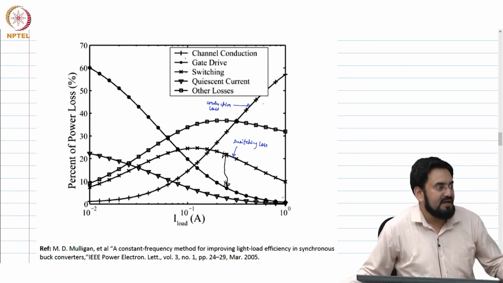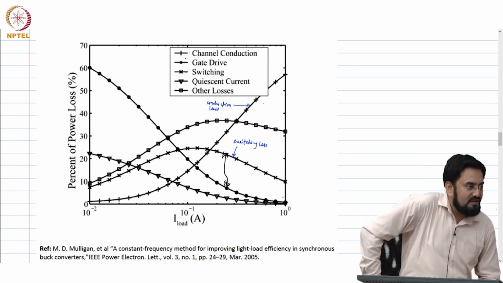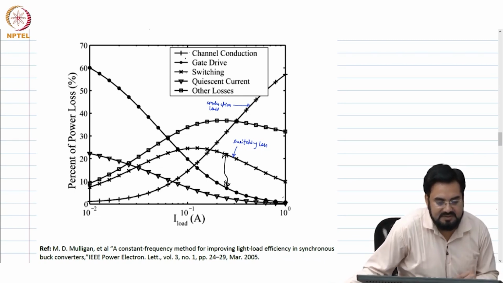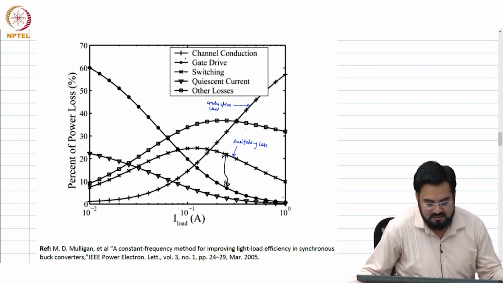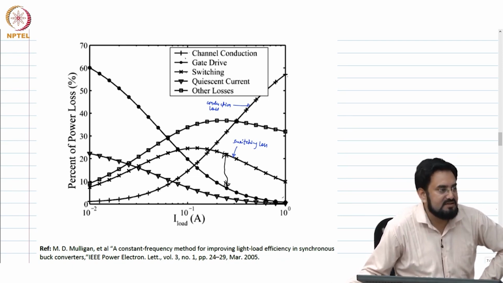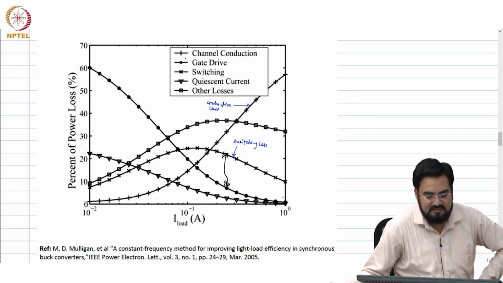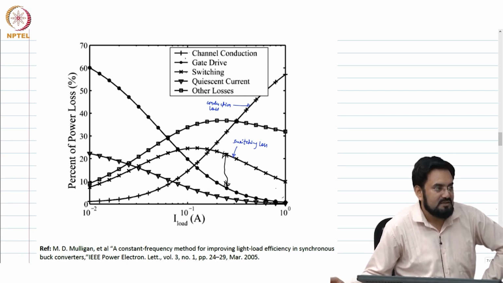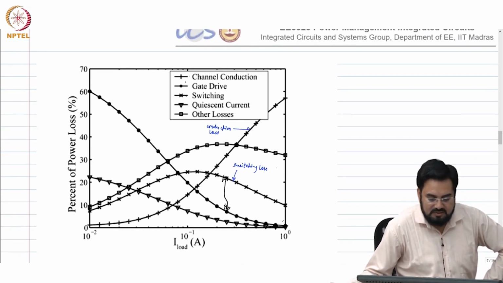So, what will happen at very high load? Your conduction loss will start dominating, and that is what you see here. As current is increasing, this conduction loss is getting higher, and the rest of the losses are associated with switching. So, the I square R loss will dominate.